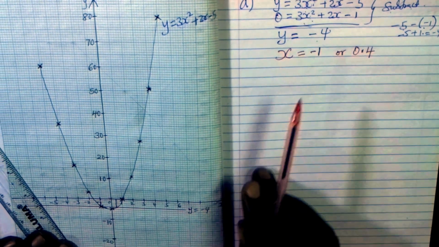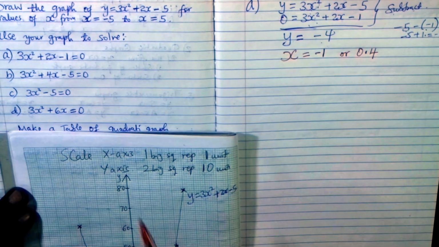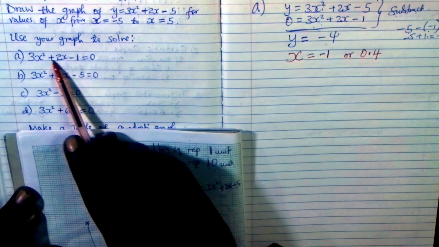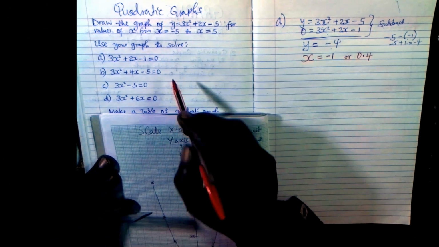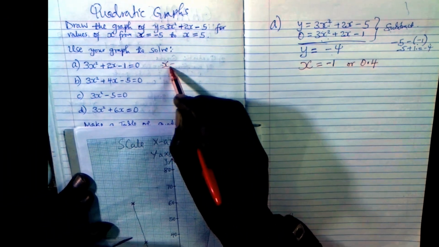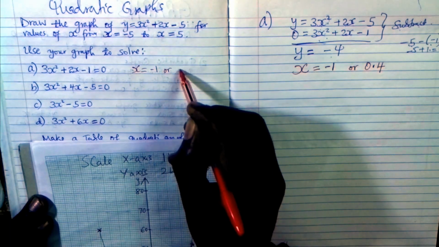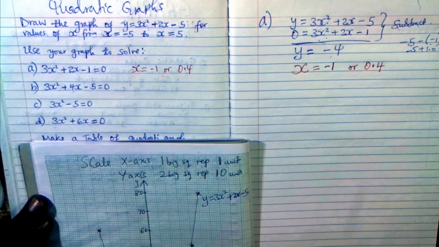So now we have solved for this, and if you actually use the normal way, you should be able to get x is equal to minus 1 or 0.4.